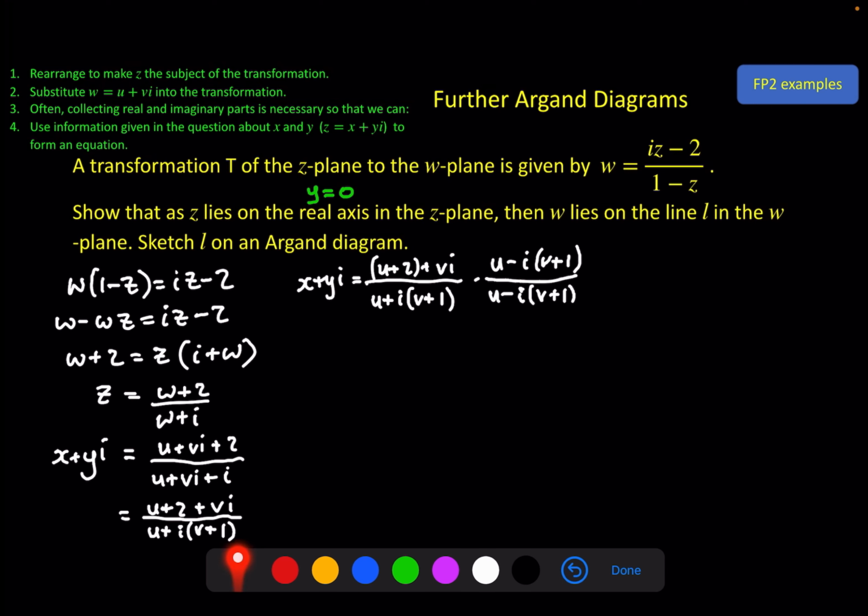And as we usually have, that gives us the real part squared plus the imaginary part squared and no other terms in the denominator. But in the numerator, we have quite a complicated expression. We need to multiply these together.